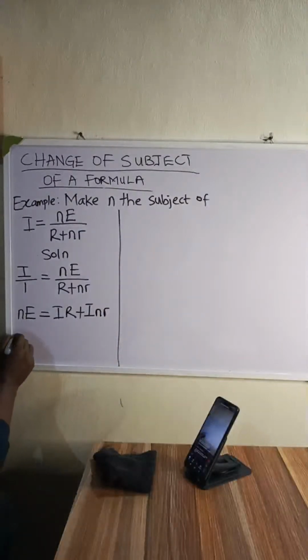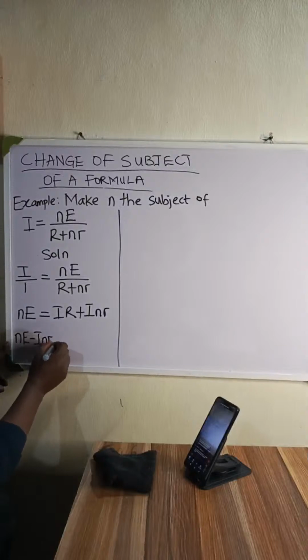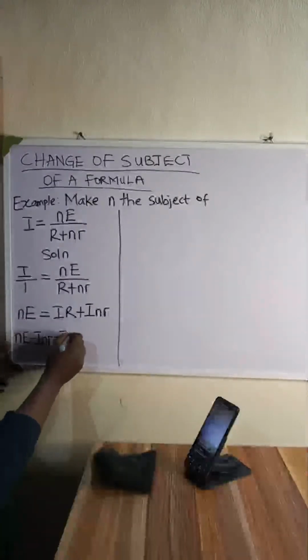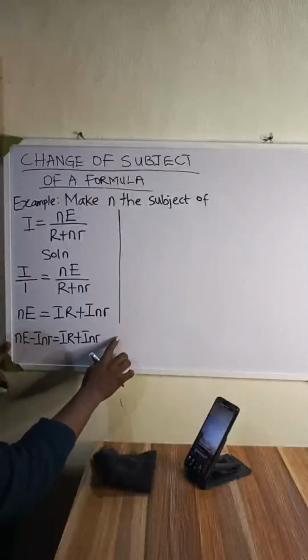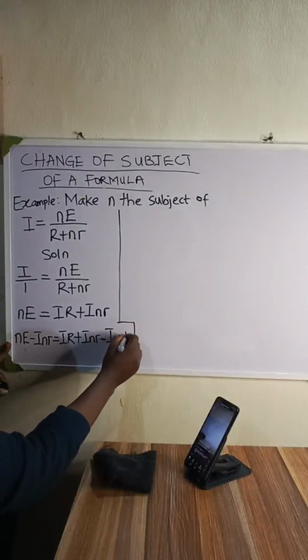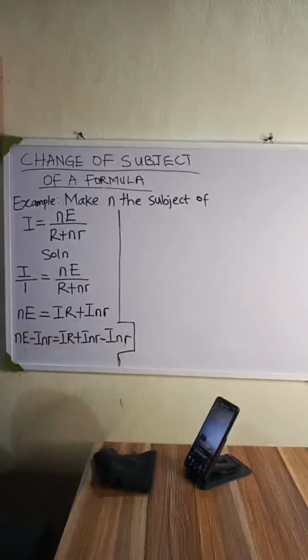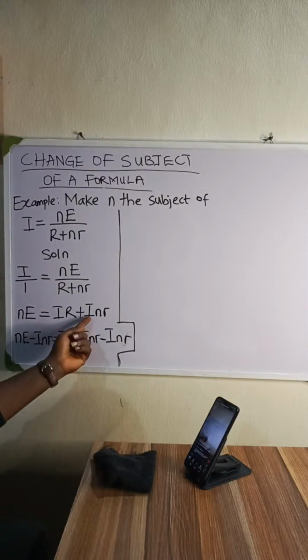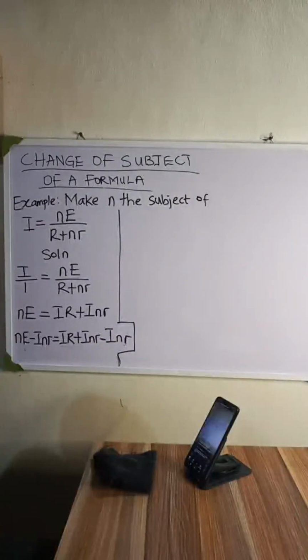So we're going to have nE plus nR minus InR is equal to IR plus InR minus InR. We want to move InR to the left so that n will be on one side of the equation, which is the left side.